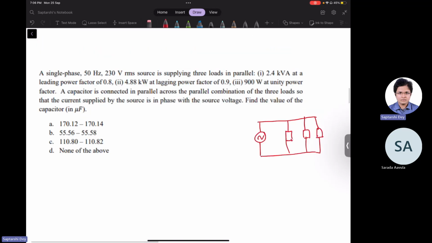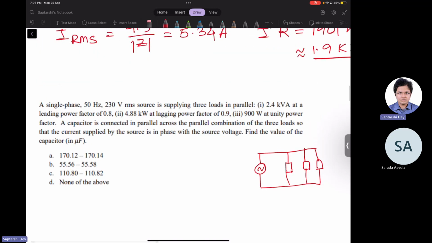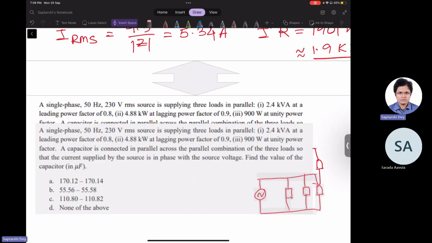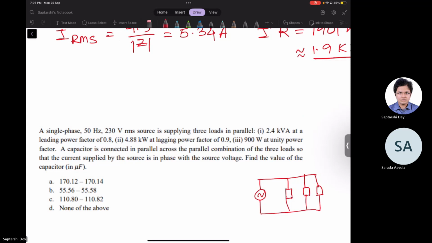Now, before we solve this problem, we'll have a general discussion. Say, we have an AC source like this, an AC source, and it is supplying an RL load.